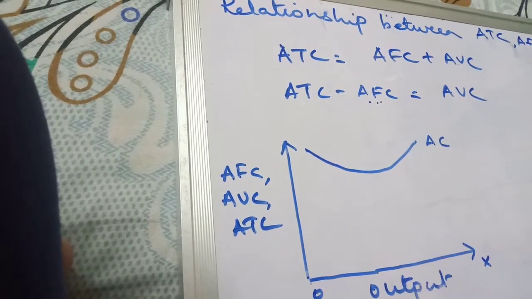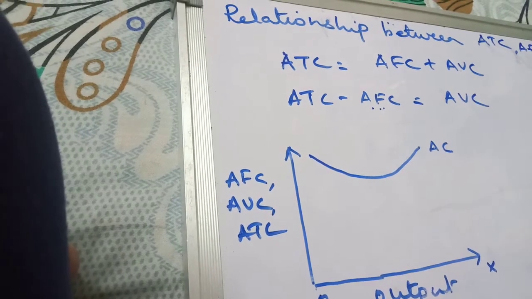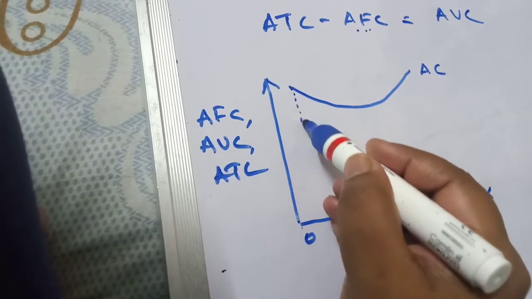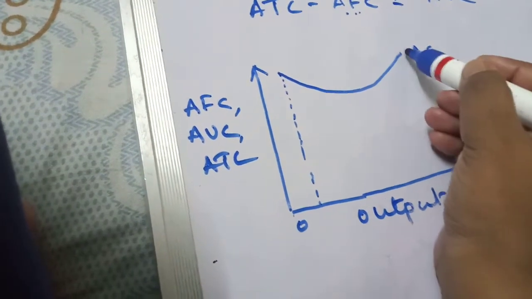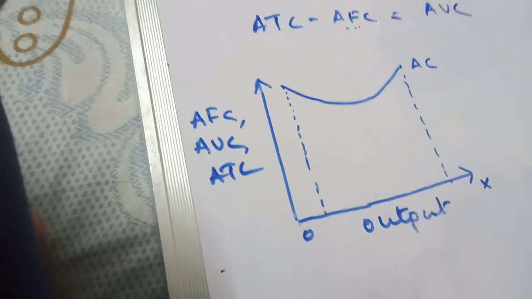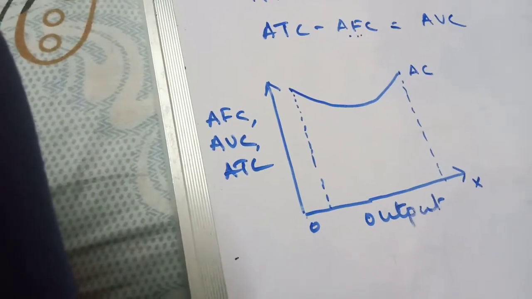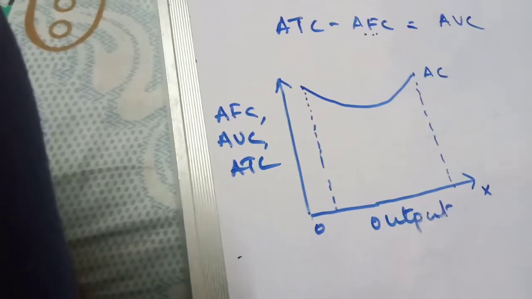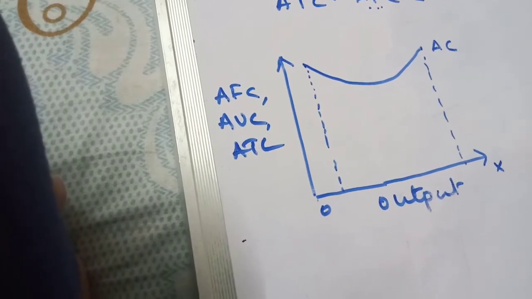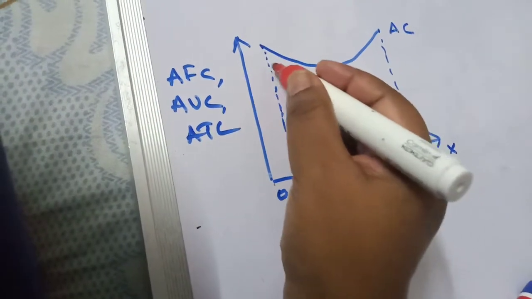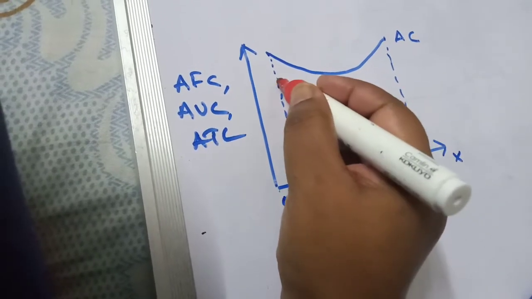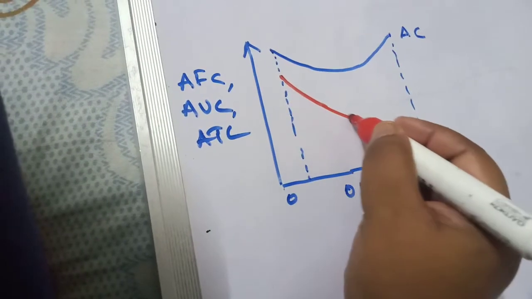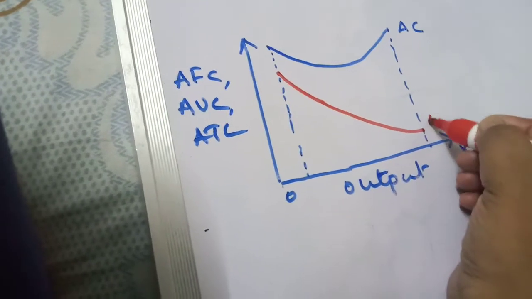Then you are going to make, at the same line, because your alignments should be the same, your average fixed cost. Average fixed cost, you can start from anywhere, there is no hard and fast rule here. Average fixed cost goes on falling. So this is your average fixed cost.